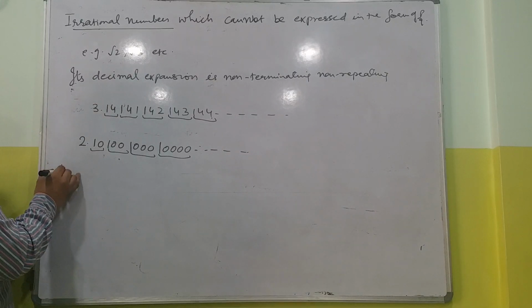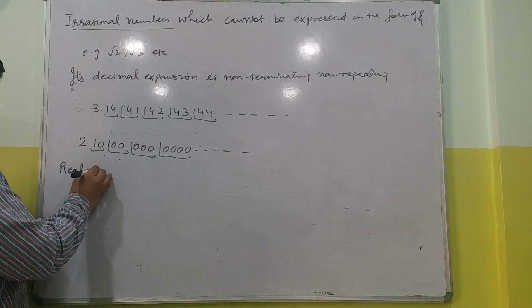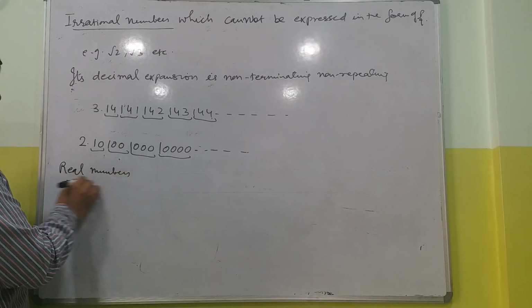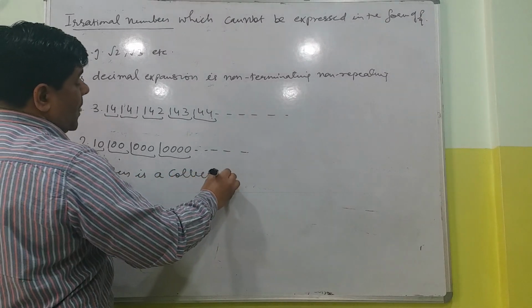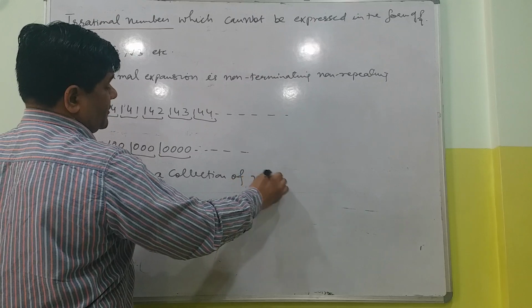We come to the last definition, that is real numbers. Real numbers are a collection of rational as well as irrational numbers.